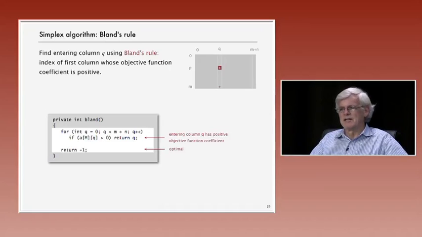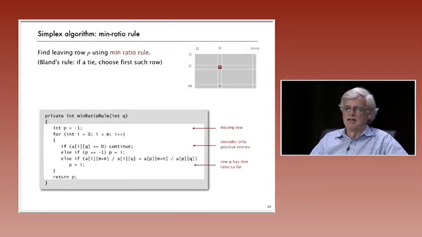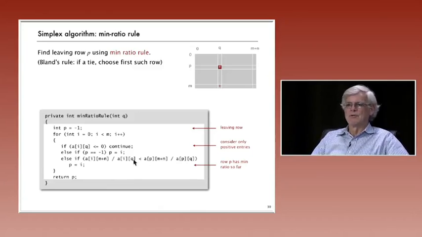So that's the entering column. We also have to find the entering row. And to find the entering row, we use the minimum ratio rule. So we just go through all the possible rows. We just do this calculation involving the ratio between the current element and the element that we would pivot on.